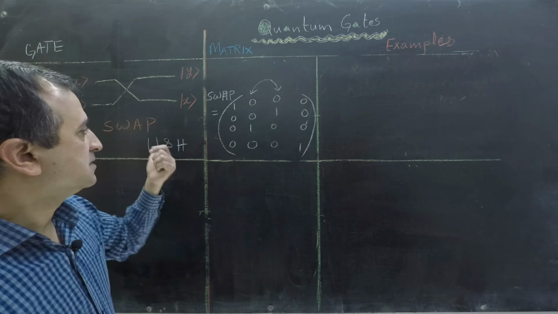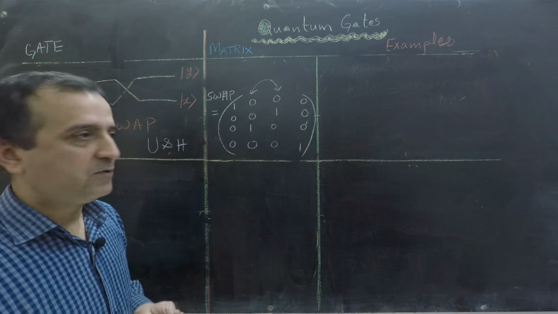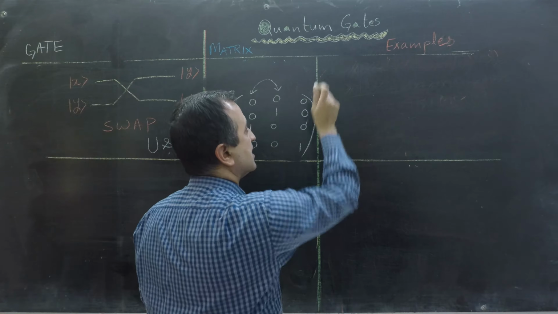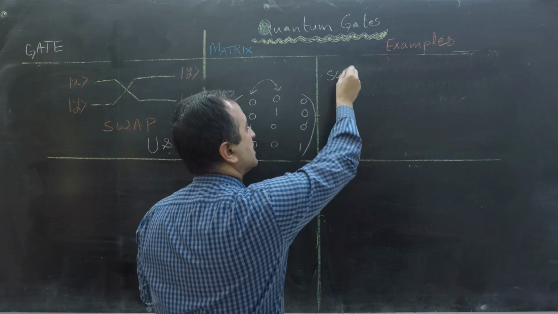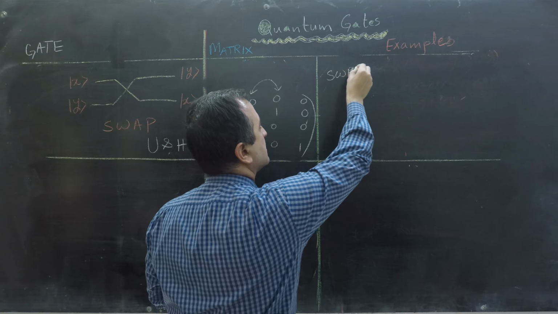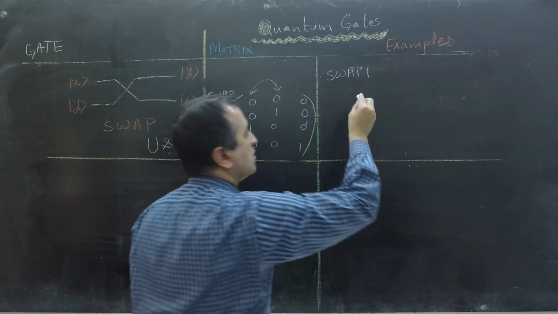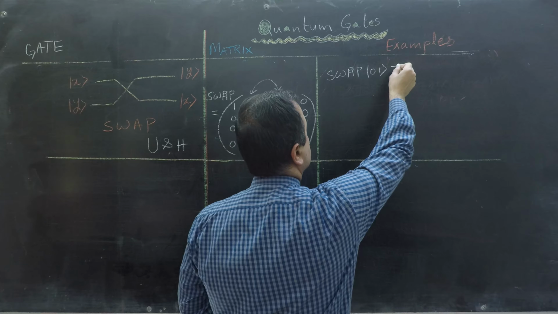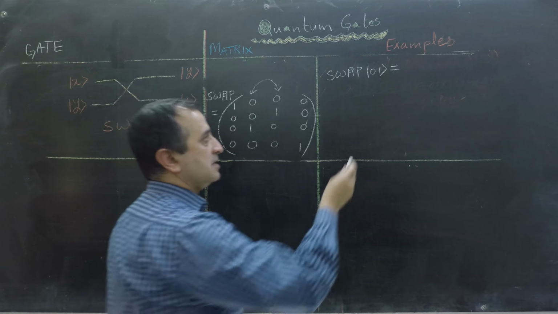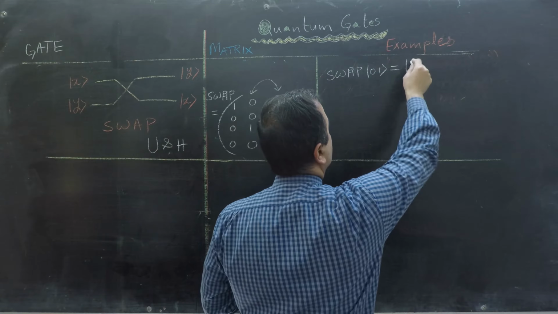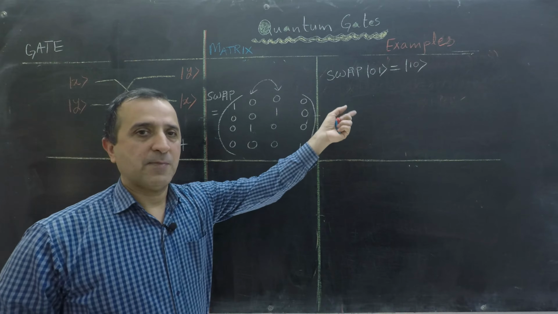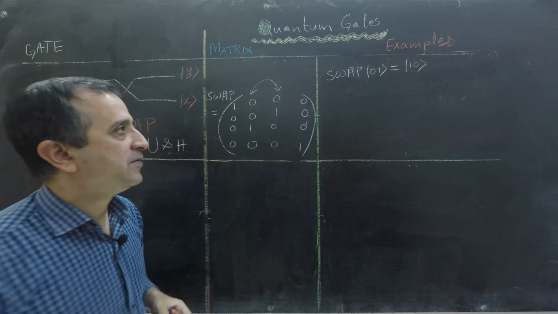So we can test this matrix on some input to see if it is really swapping the inputs. Let's try this: I give the swap gate an input of ket 0, 1, then our claim is that our output will be 1, 0. Now we verify that the swap gate works this way using this matrix.